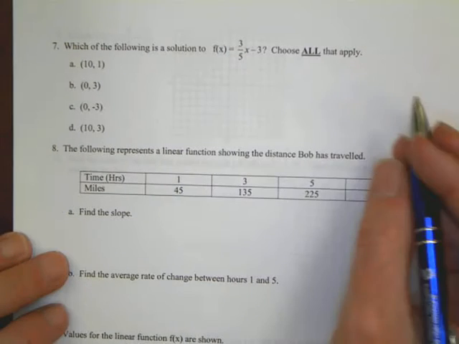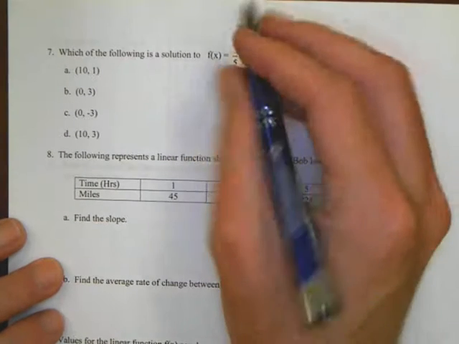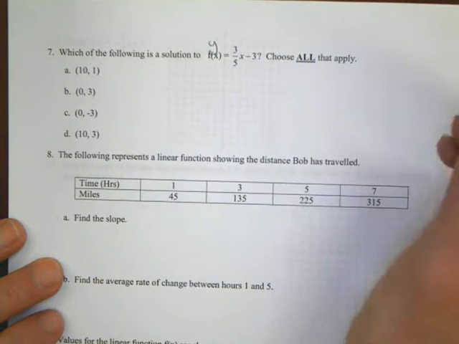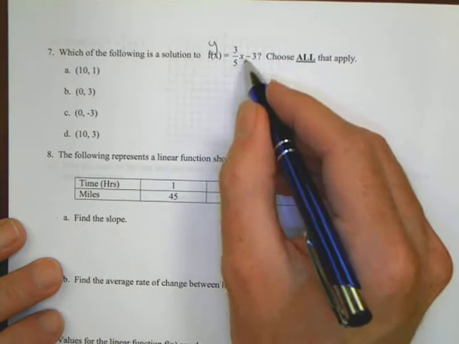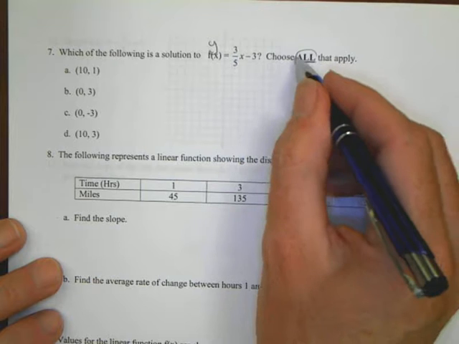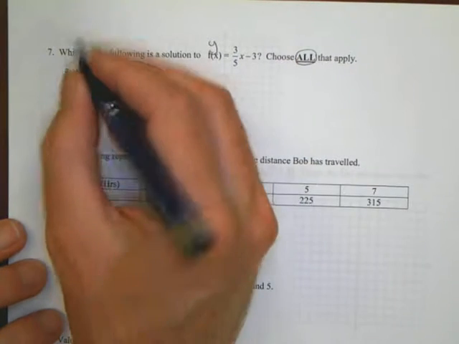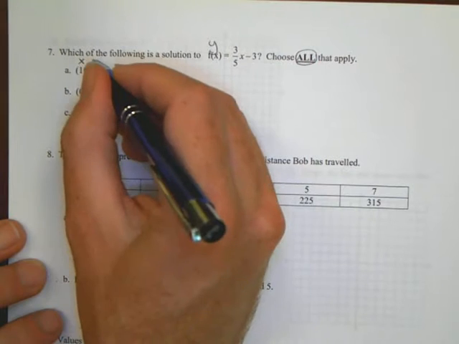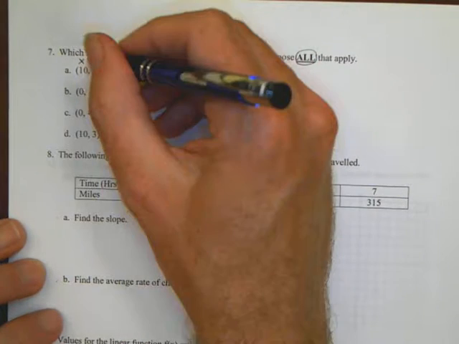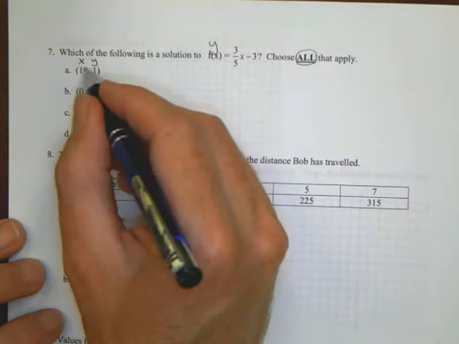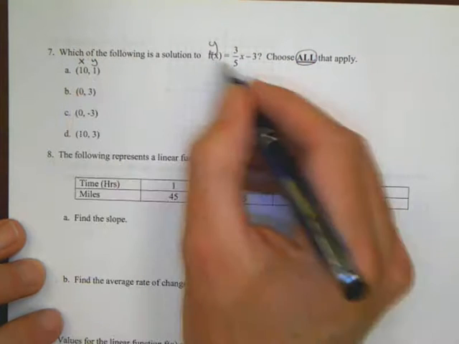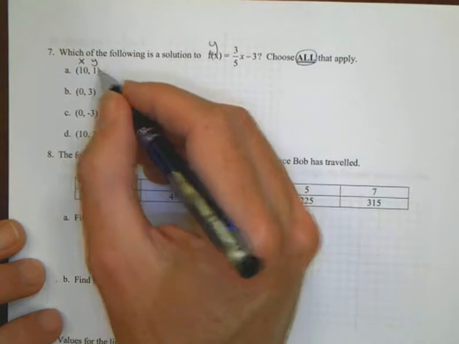All right, so number 7, we have f of x, which is a fancy way of saying y equals 3/5 x minus 3, and it says to choose all that apply, which means I have some points. Because these are all my x values and these are all my y values, I'm going to plug the x value into the equation to see if I get the y value.